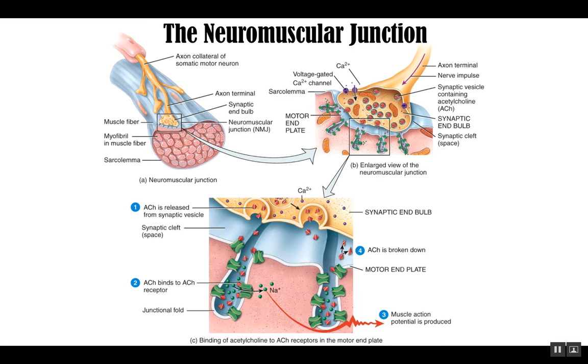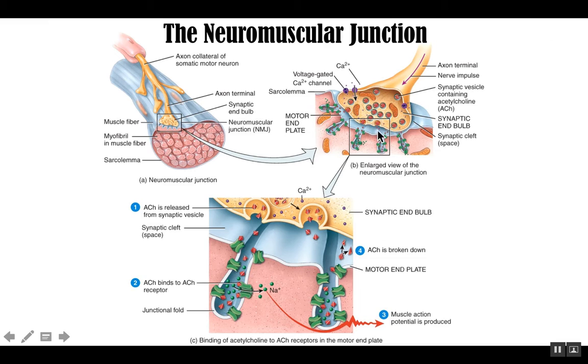So what we're really doing now is looking at the communication between the synaptic end bulb and the skeletal muscle. That collectively is known as a neuromuscular junction. You're going to see the word synaptic or synapse quite a bit. But a synapse is a region where communication occurs between cells. So this is a synapse, a connection.